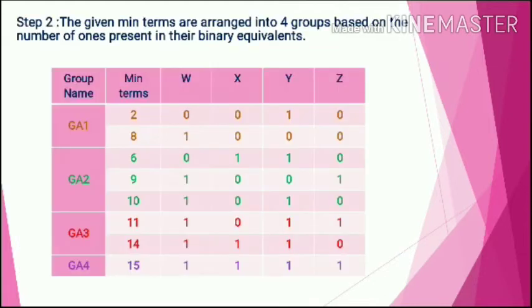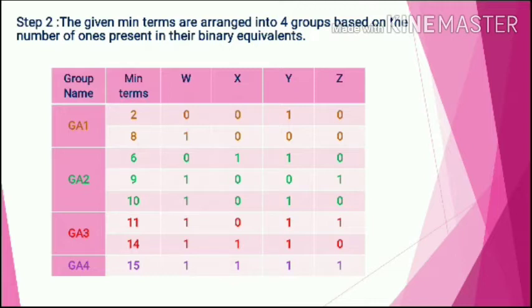Now the second step: the given minterms are arranged into 4 groups based on the number of ones present in their binary equivalent. In the table, the minterms 2 and 8 have only 1 one in the binary value, so put them in a separate group. Then 6, 9, 10 contain 2 ones, so put them in another group.